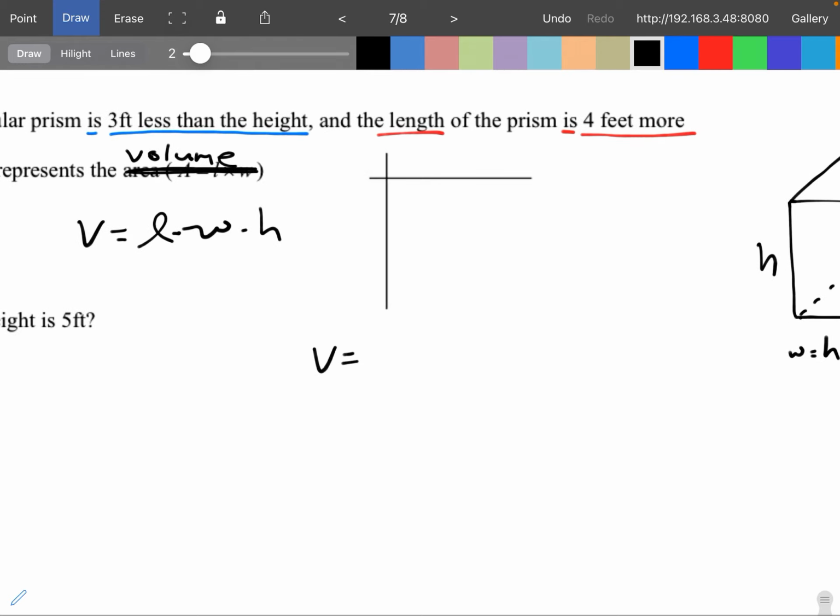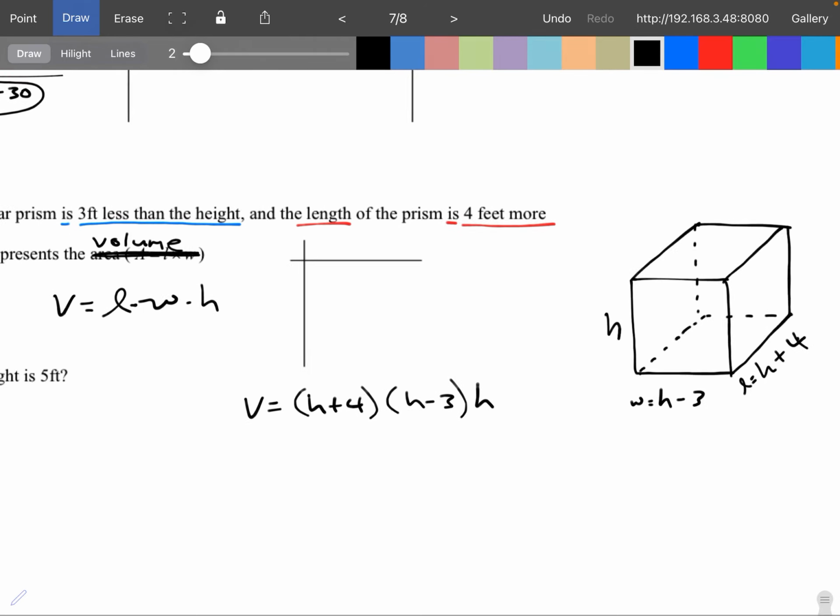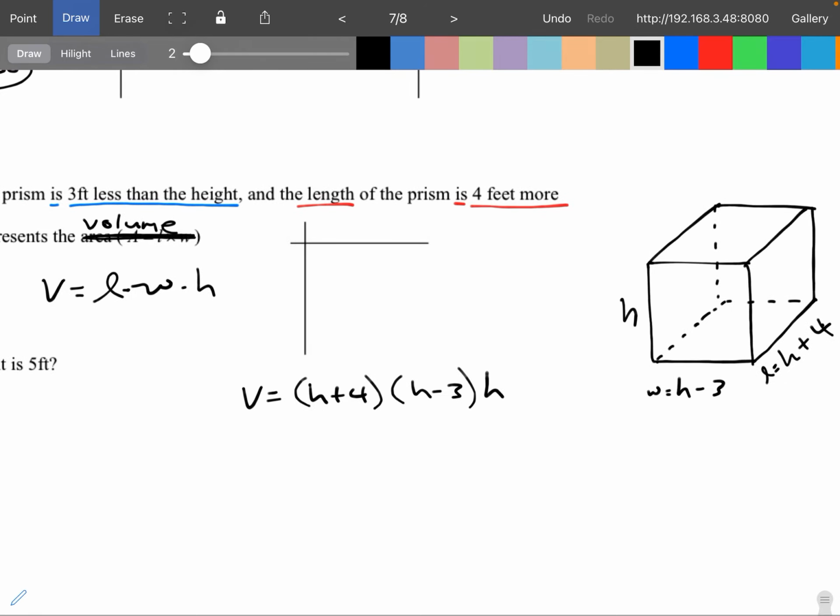So if we set that up instead, the volume is going to equal the length, which was h plus 4, times the width, which was h minus 3, times the height. Do you guys see what I did there? I just did length times width times height, based on that picture right there.